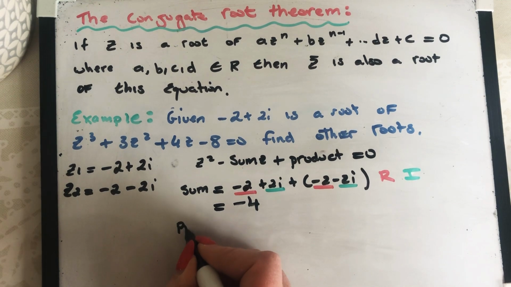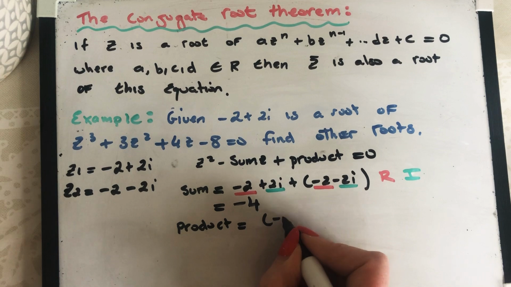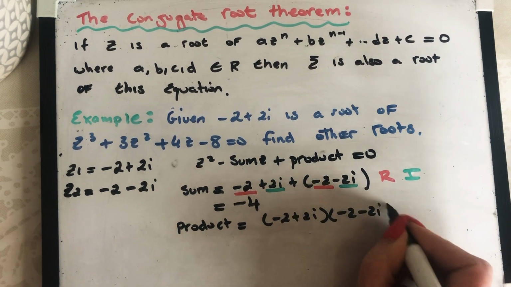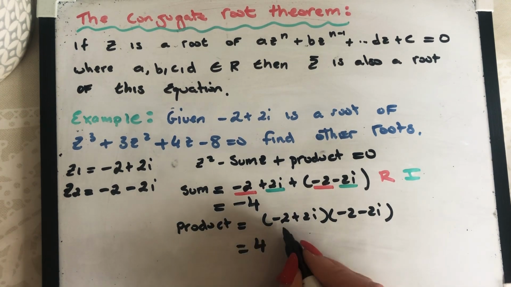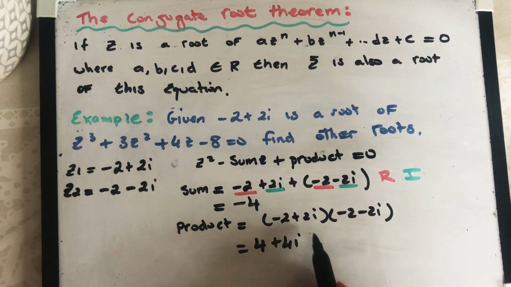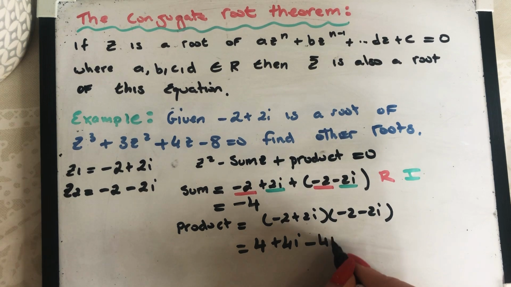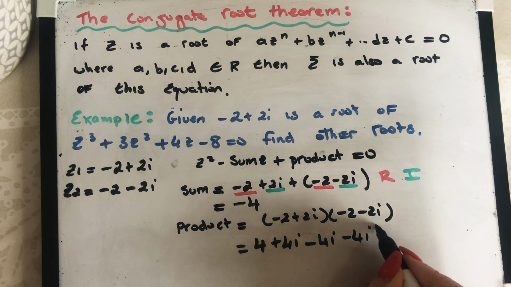Now our product. Let's multiply our numbers together. We have negative 2 by negative 2 is positive 4. Negative 2 by negative 2i is positive 4i. Plus 2i by minus 2 is negative 4i. And then 2i by negative 2i is negative 4i squared.